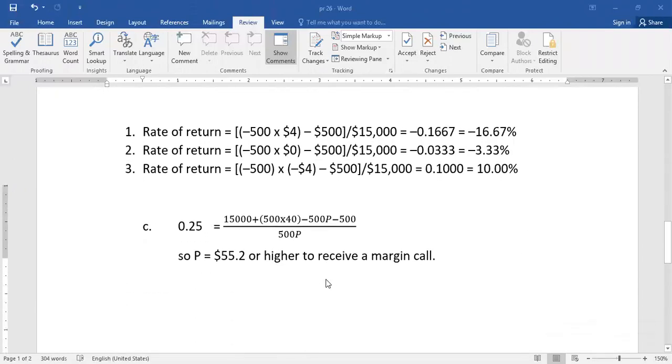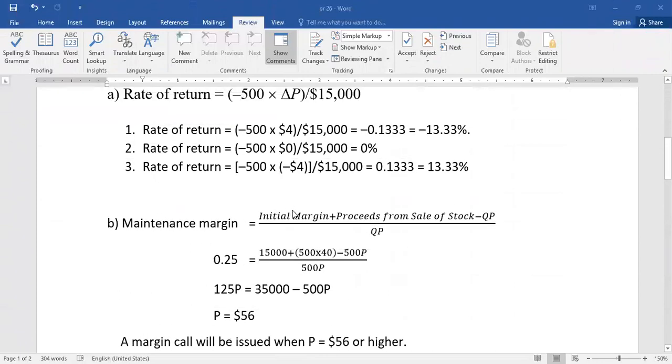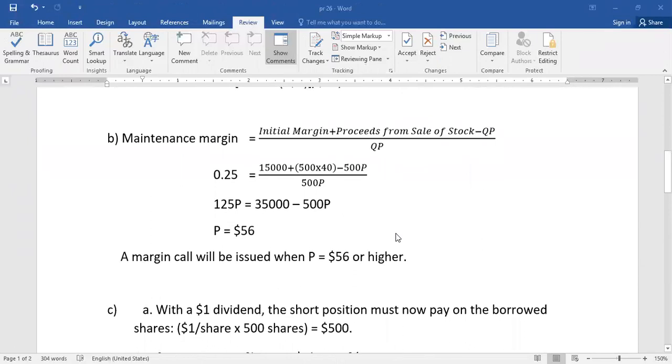So I get my old formula, which is this one. Maintenance margin is equal to the initial margin plus the proceeds from the sale of the stock minus QP over QP. Okay, but what do I add to it? It's the same figures. 0.25 is equal to 15,000 plus, which is the initial margin, plus the proceeds.